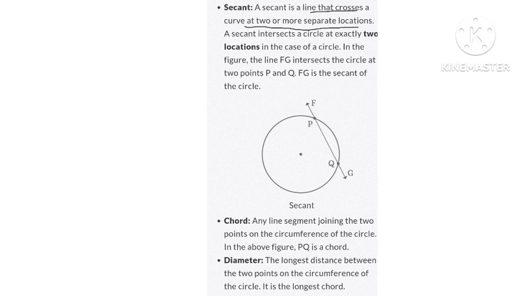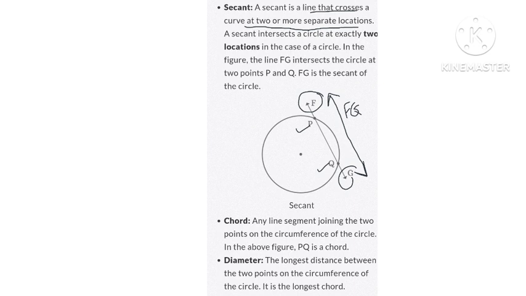You can see here in the diagram the line FG intersects the circle at the two points P and Q. So we can say this line FG is the secant of the circle.